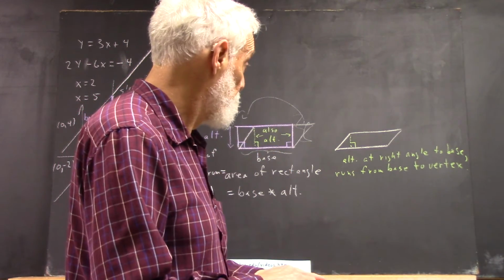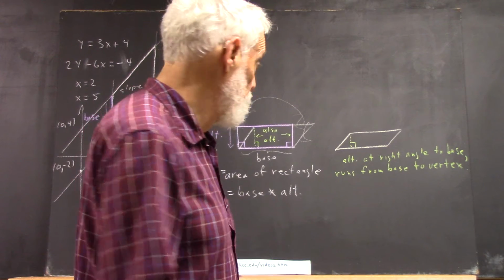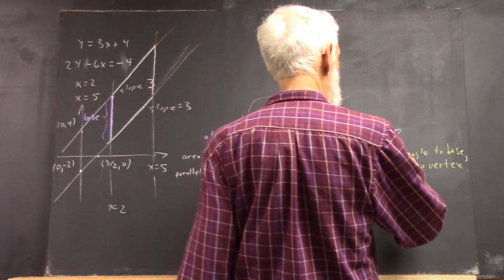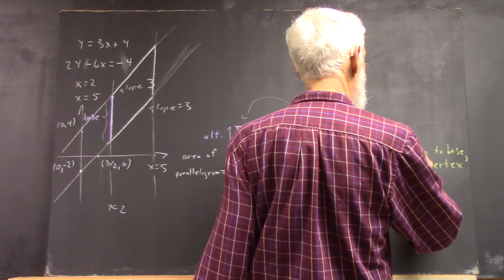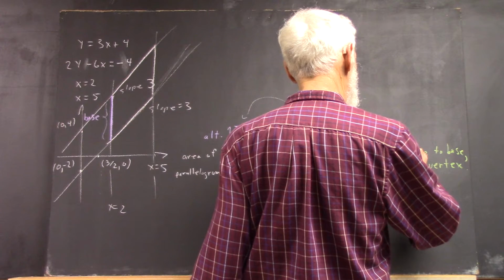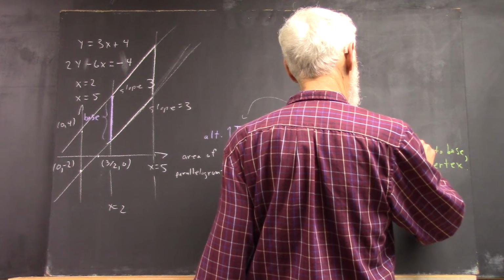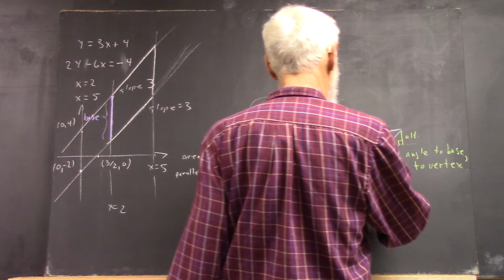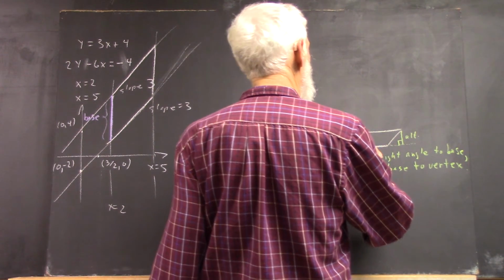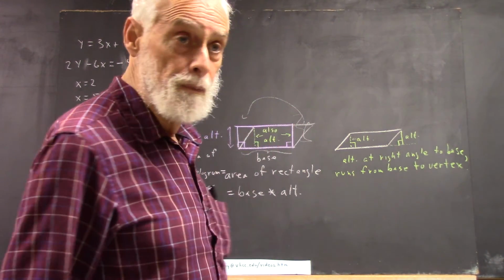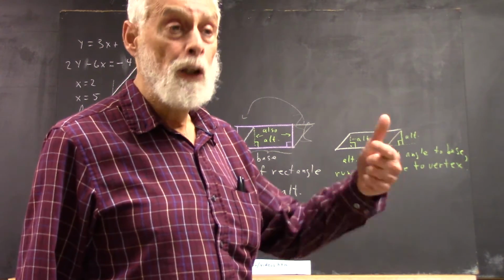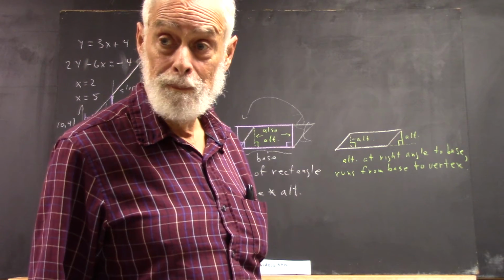Then there is another altitude that goes to a vertex, but you have to extend the base. Because sometimes you don't even have a vertex directly above the base.